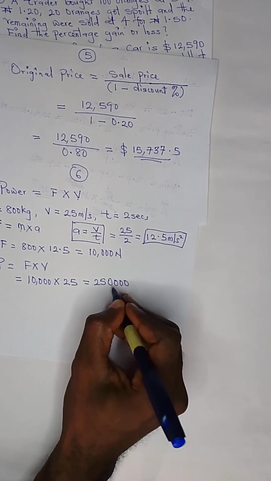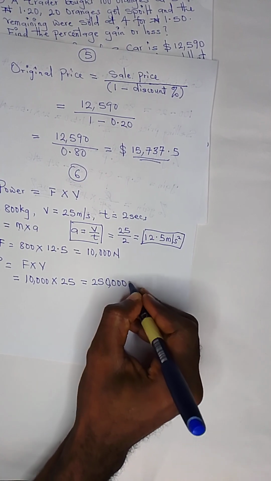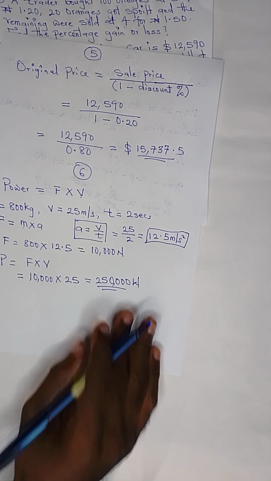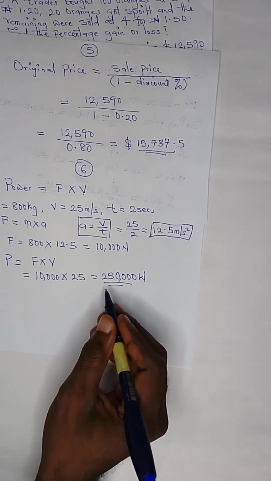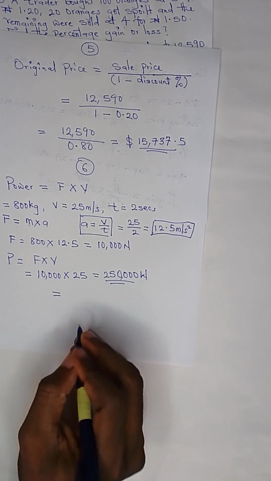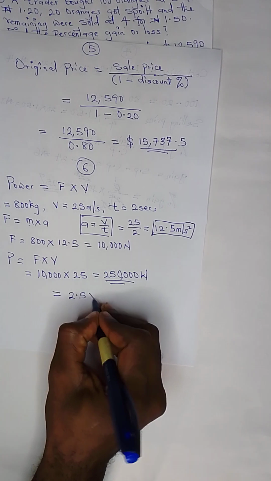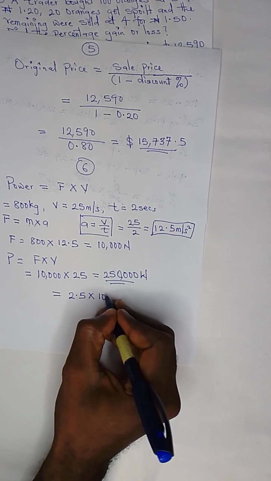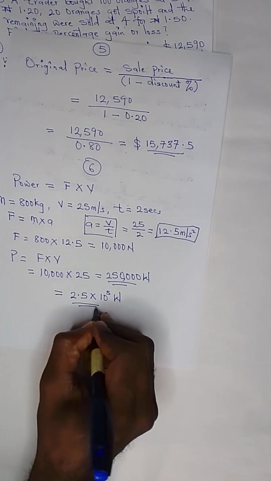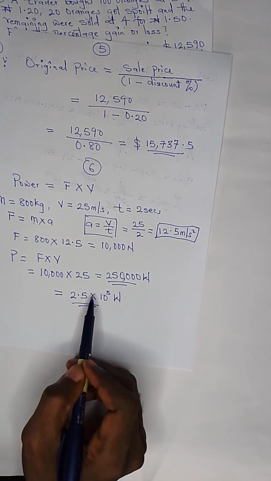That will give us 250,000 watts. This is the answer, but many times it is expressed in standard form, which is 2.5 times 10 raised to power 5 watts. So this is ordinary form, this is standard form.